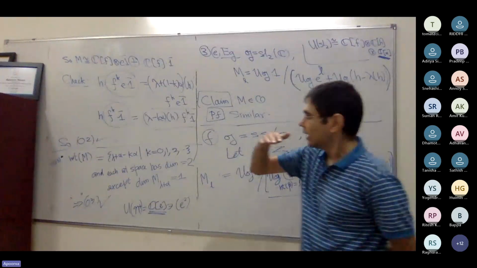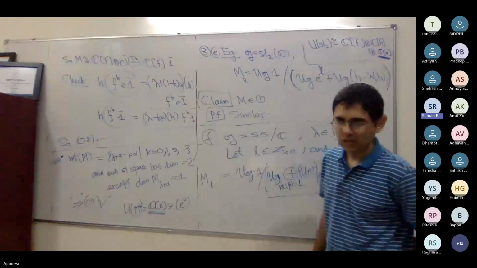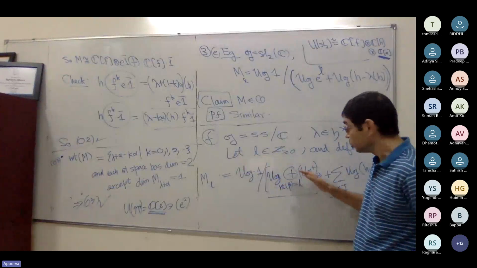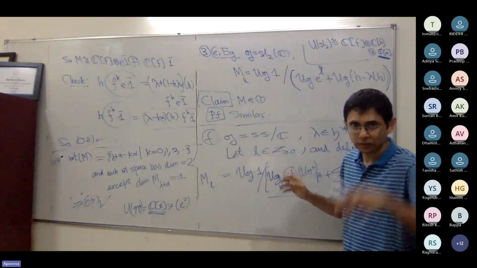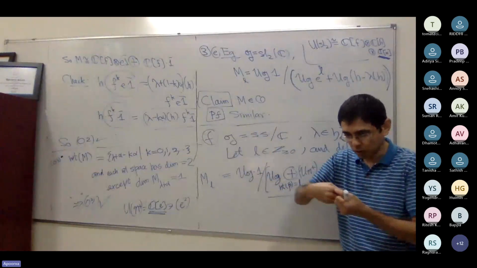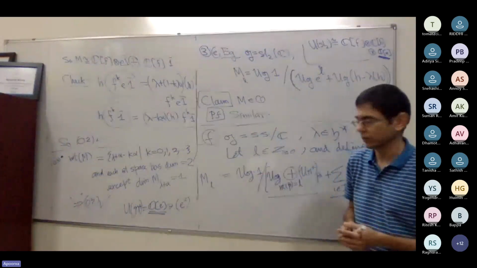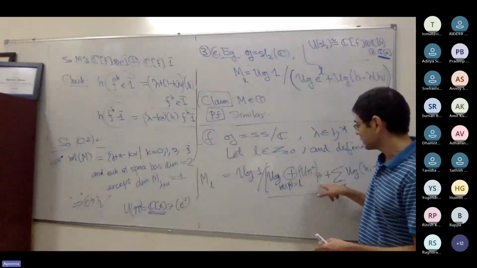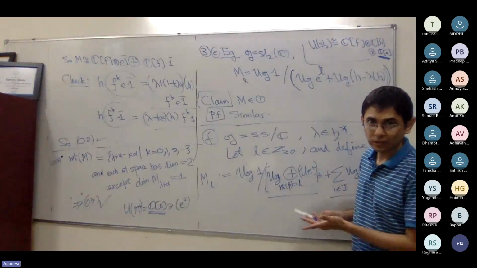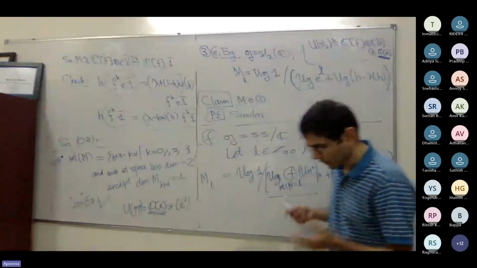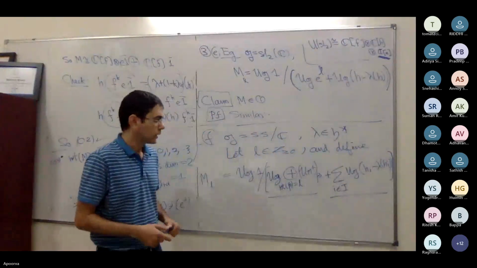So you only look at height L or less, and now each weight space here is finite dimensional. In U(g) the weight spaces are not finite dimensional because you can cancel out n plus and n minus, or you can just get a huge amount of U(h). But if you just stick to U(n plus) or U(n minus), then every weight space is finite dimensional. This is the constant partition function, and we checked it last time.